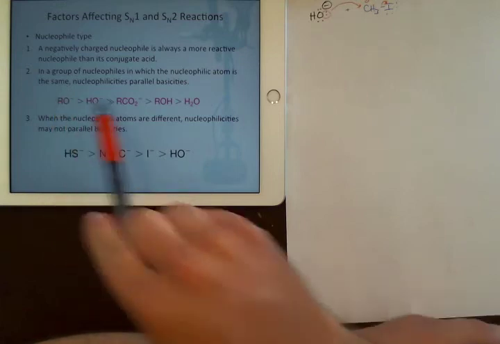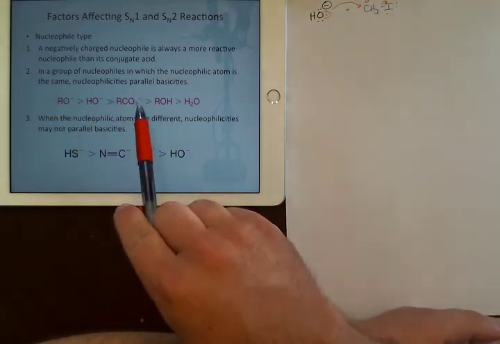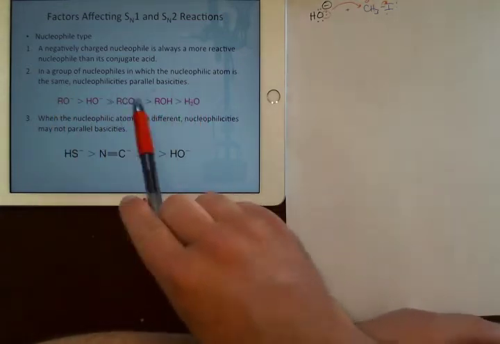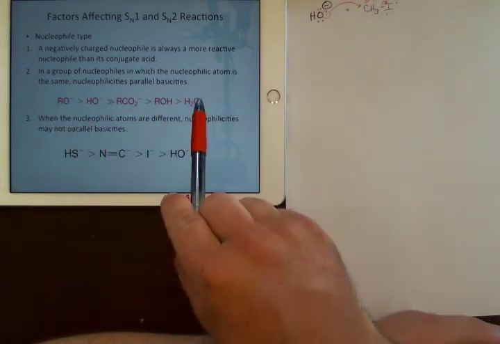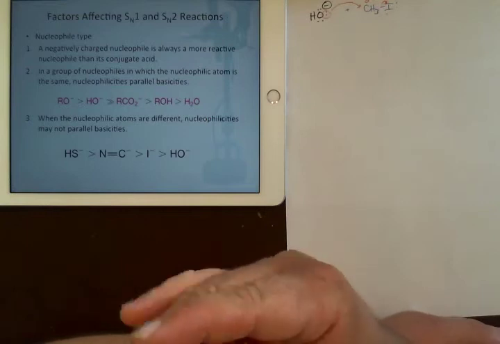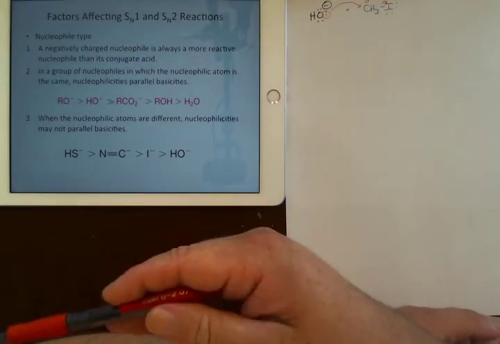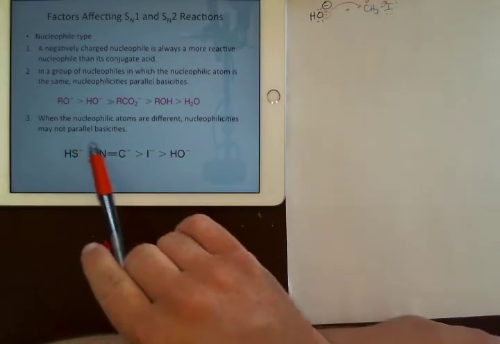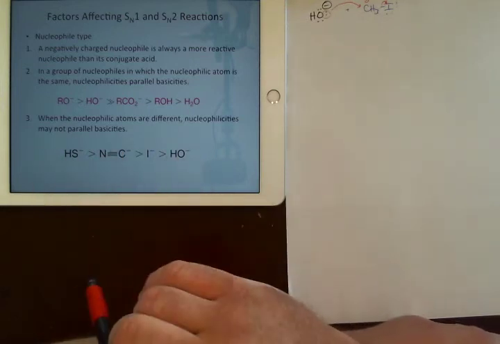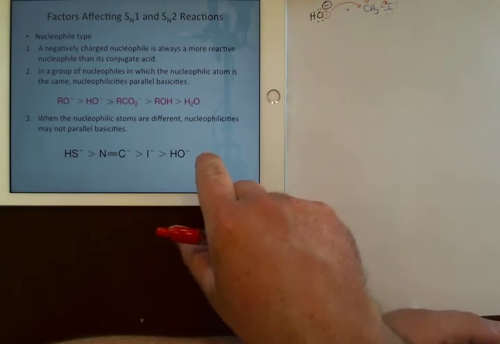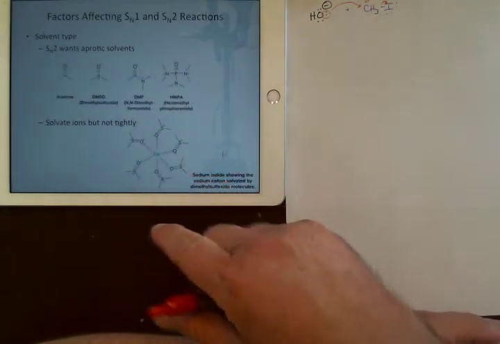So this is a much stronger base than the carboxylate, which is a stronger base than just plain water. So it parallels basicity for the same atom going across. It's not always easy to tell with different atoms that are going to be your nucleophile, so it becomes a little more complicated.